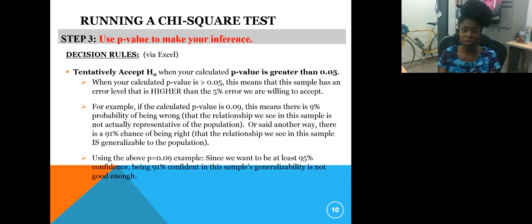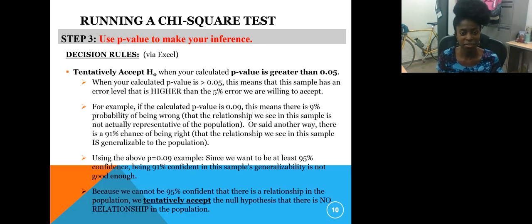In this scenario, we can't say that because our p-value is higher than the error level we're willing to accept, right? Since we want to be 95% confident, being 91% confident in the sample's generalizability is not good enough.